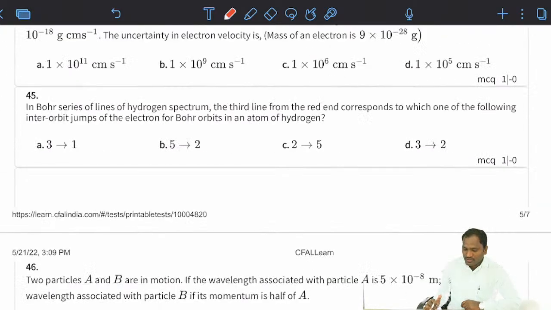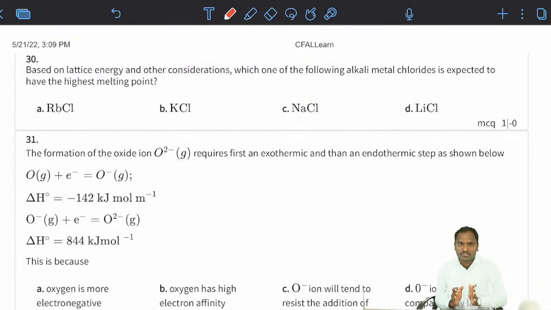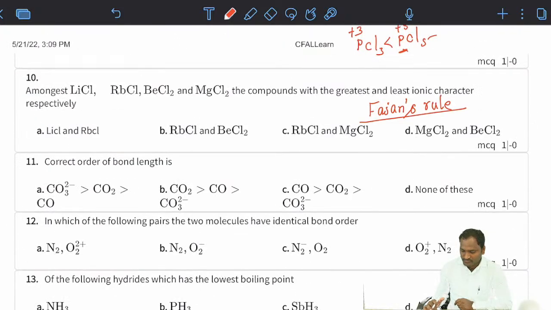Covalent character is directly proportional to anionic size, inversely proportional to size of cation, and directly proportional to magnitude of charge. This lithium size is small, beryllium size is also small. Out of lithium and beryllium, polarizing power is inversely proportional to size of cation and directly proportional to magnitude of charge. These both, which to give priority?